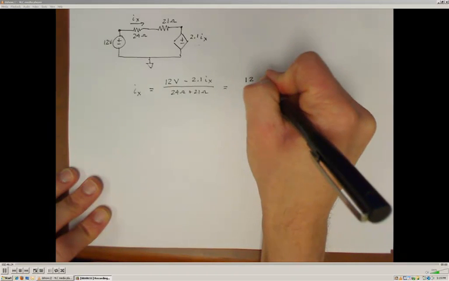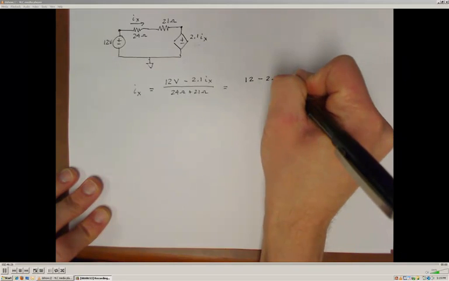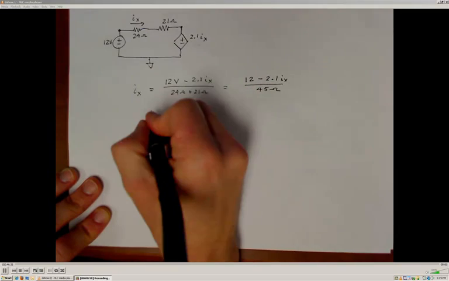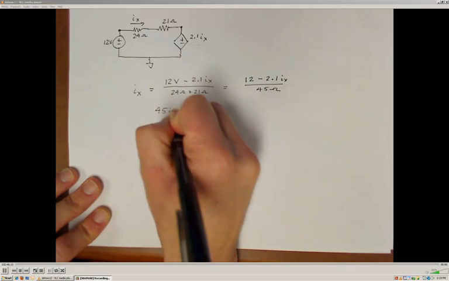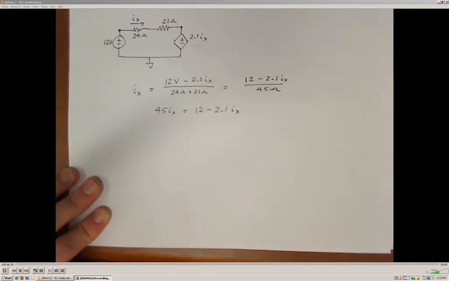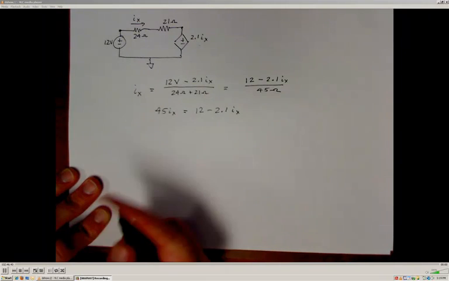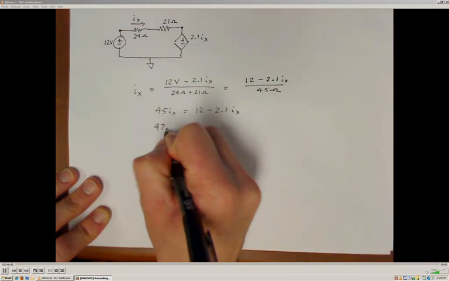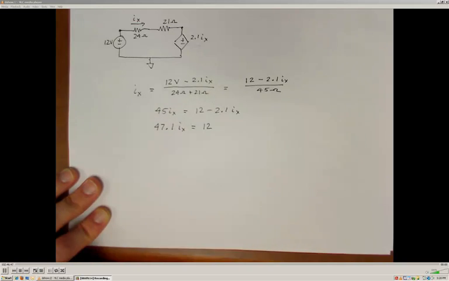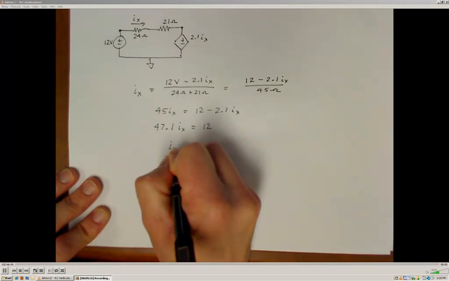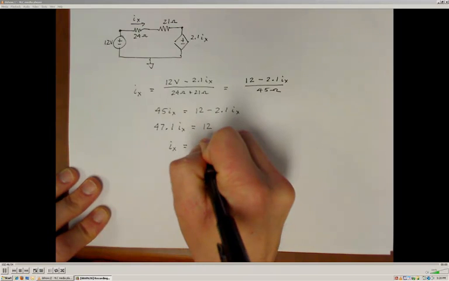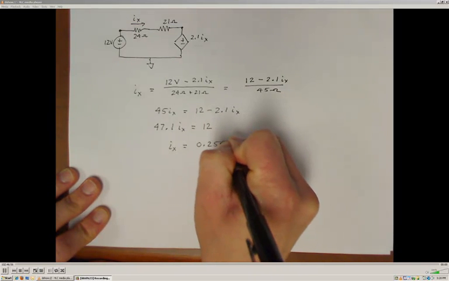I wind up with 12 minus 2.1 IX over 45 ohms, which tells me that 45 IX must be equal to 12 minus 2.1 times that unknown current, which is the same thing as saying 47.1 times the unknown current must be equal to 12. I can easily solve for my unknown current, and when I do that, I find that my unknown current is 0.254 amps.